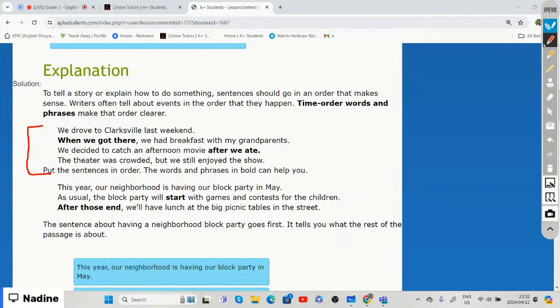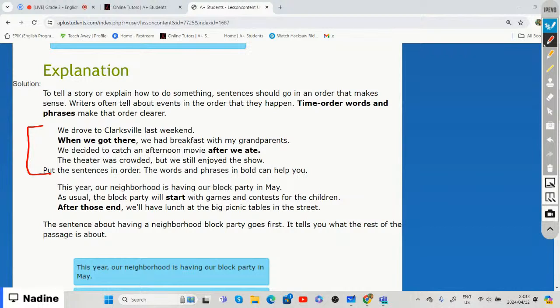But now if we look at all of that, right? That is basically how the events happened within that specific day. So they first drove to the place. They had breakfast.